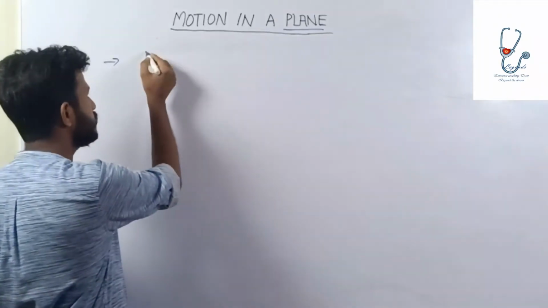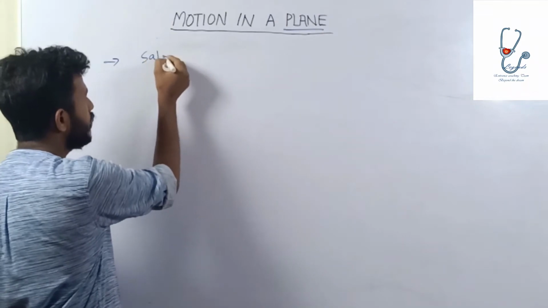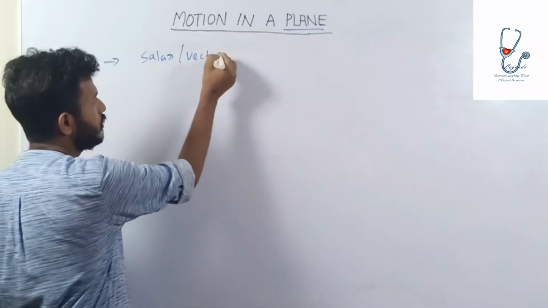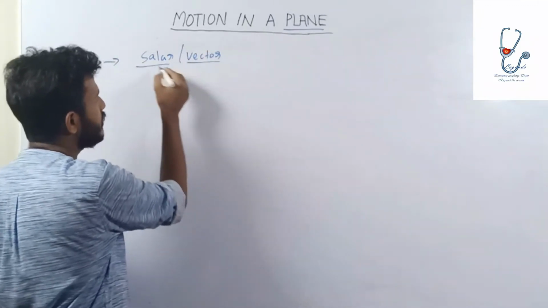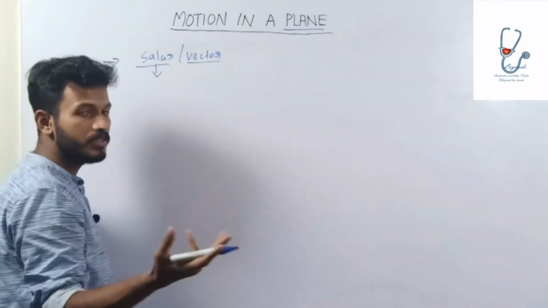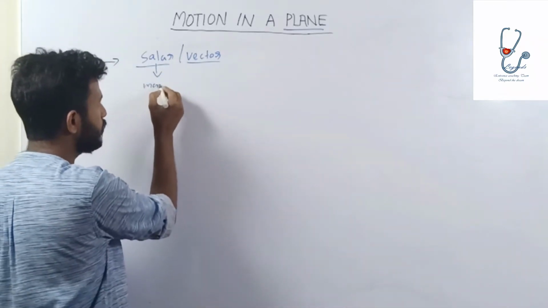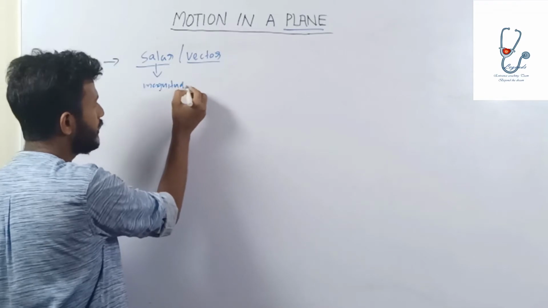First, we have to classify quantities as scalars and vectors. What is a scalar quantity and what is a vector quantity? It's a very familiar term. Scalar means a quantity having magnitude only.